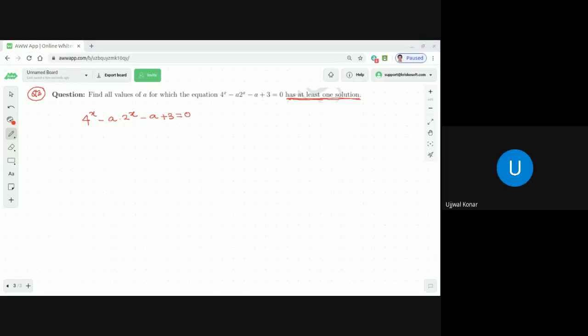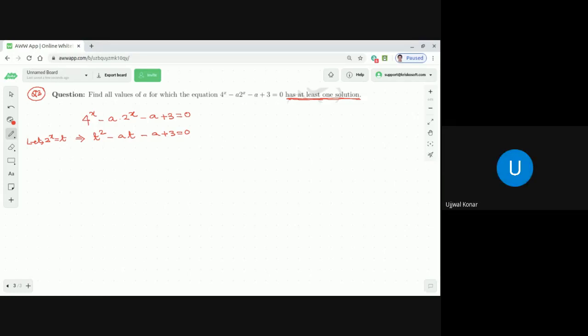So, if we assume that 2 power x equals t, we are going to get t square minus at minus a plus 3 is equal to 0. So the given equation is now very easily transformed to a quadratic equation in t.